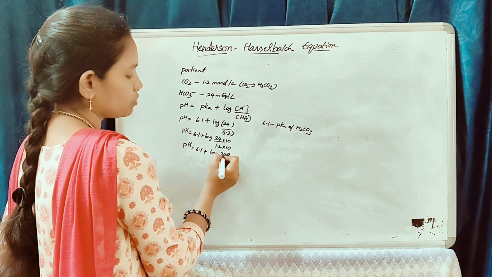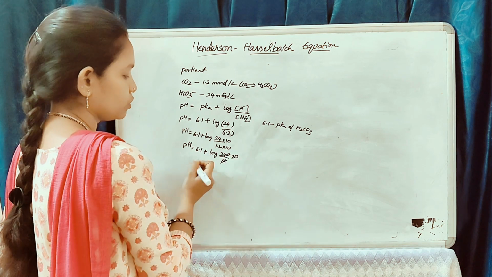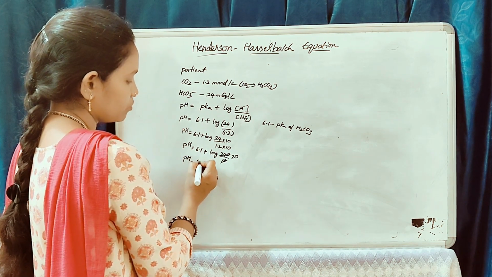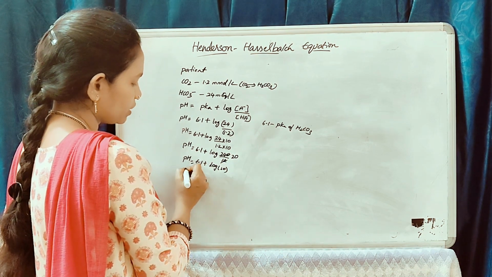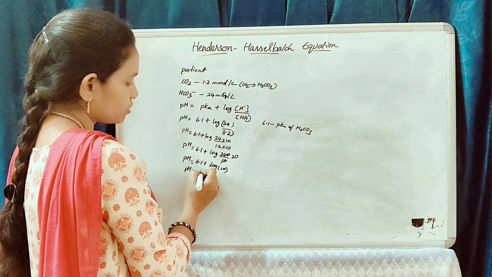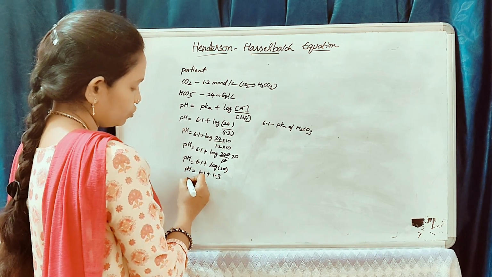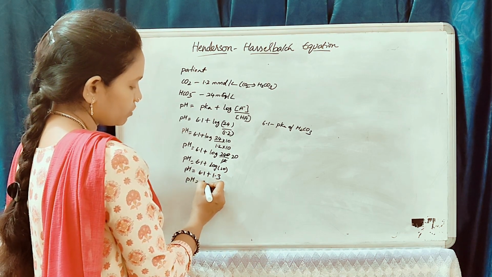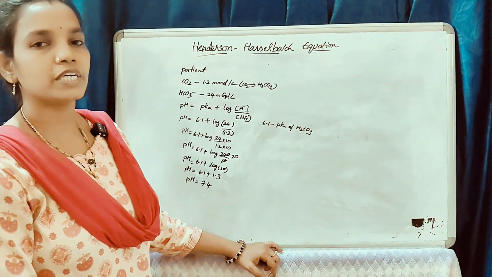If you simplify log 240 by 12, how much do you get? 20, right? So pH is equal to 6.1 plus log 20. Log 20 is approximately 1.3. So by adding, 6.1 plus 1.3 is equal to 7.4. This is the normal pH of the blood.